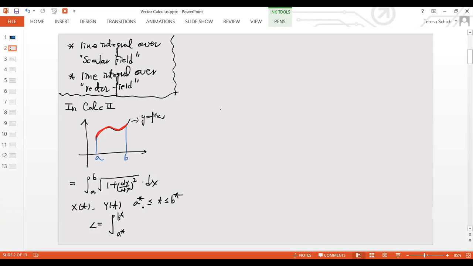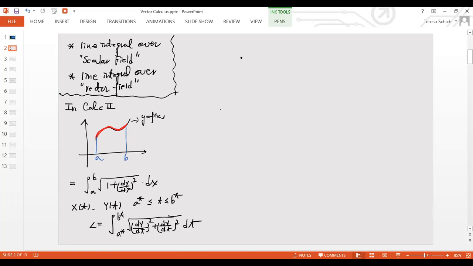Instead of using 1 plus dy/dx squared dx, you use the square root of dy/dt squared plus dx/dt squared, times dt. That is how we find the arc length in Calculus 2.